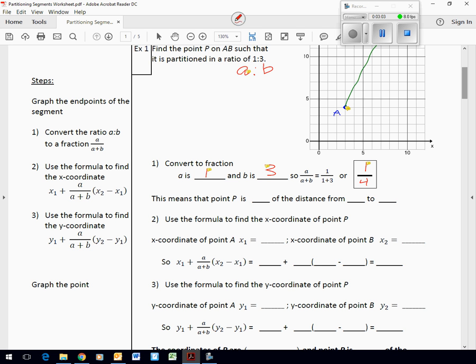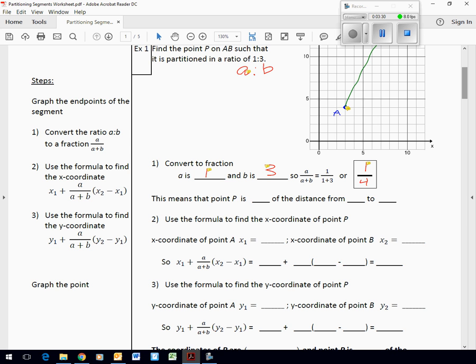All right, let me go over this again. You have a ratio. The ratio on your paper this time is 1 to 3, 1:3, right? That means the fraction you're going to get from going from the ratio to the fraction is 1 over 1 plus 3, which is how I get 1/4.